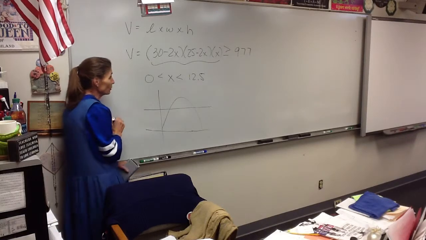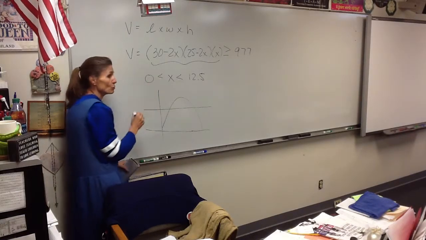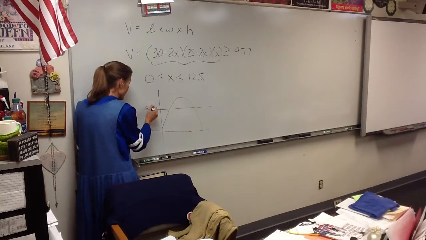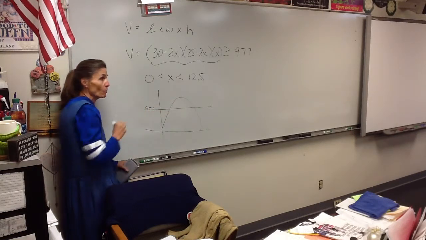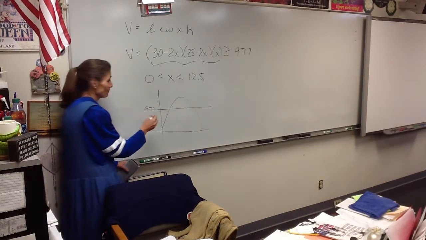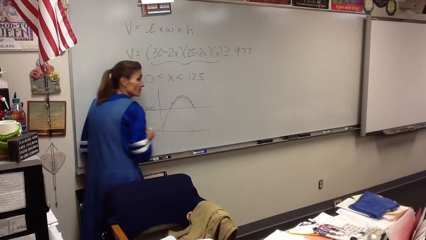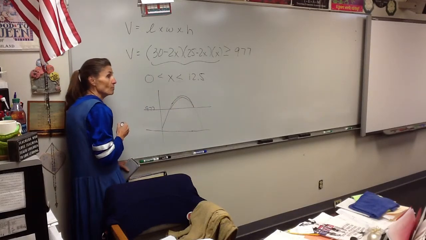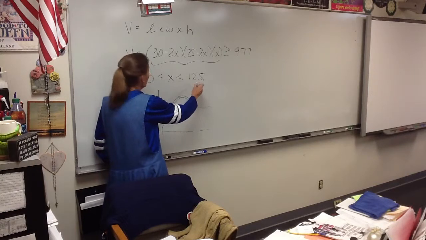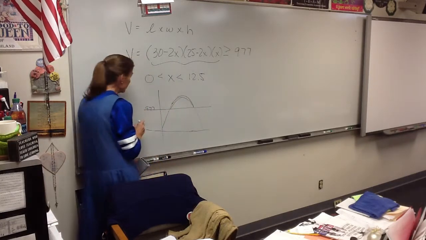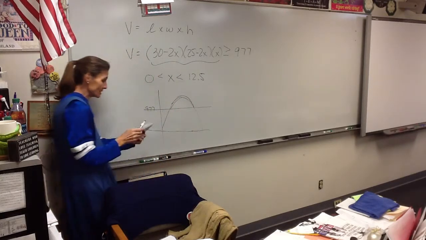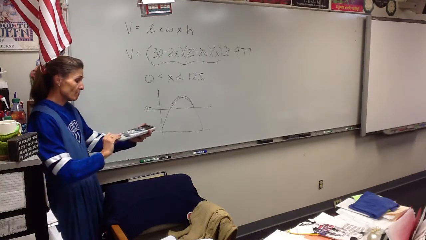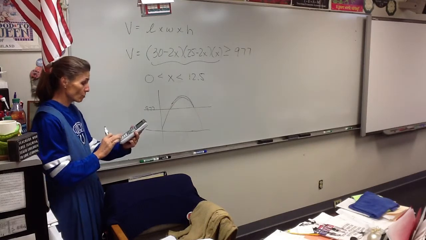And then what would I be looking for? If I want my volume to be at least 977, and here's 977, what would I be looking for on that picture? Right here. So we need to get this window put in, graph that equation, then graph 977 and see if we can figure out where they cross.